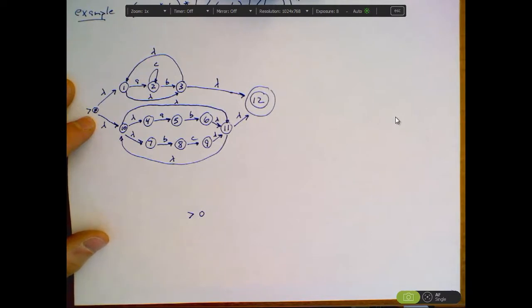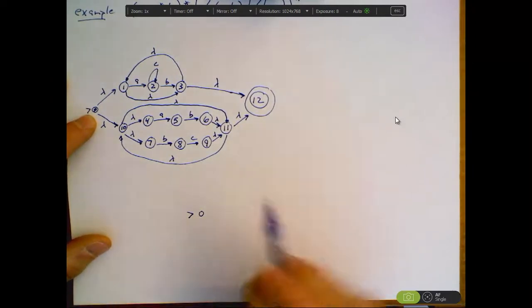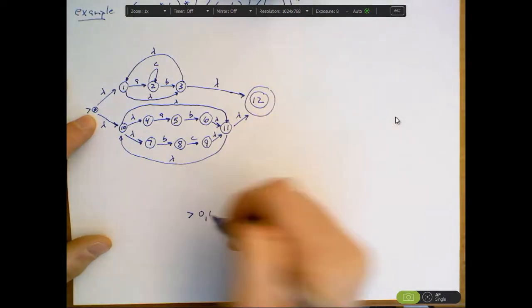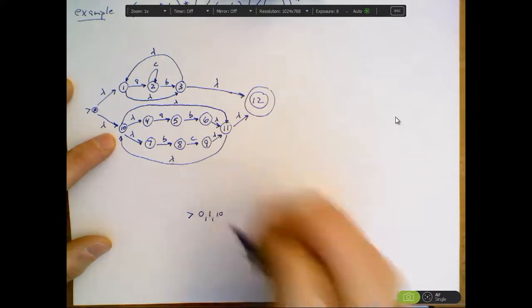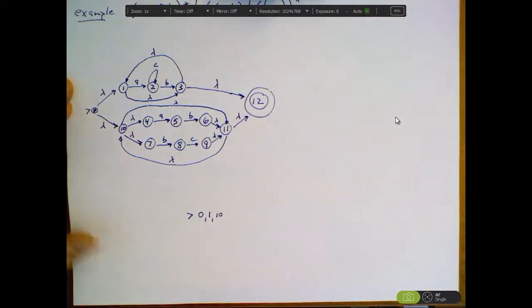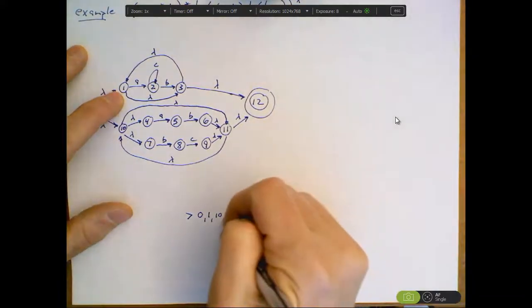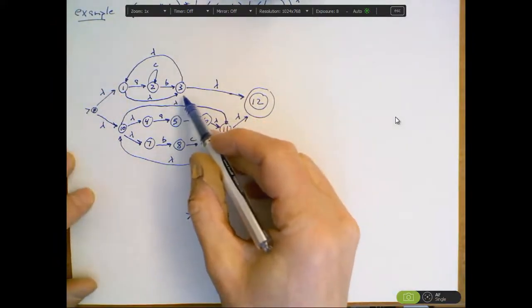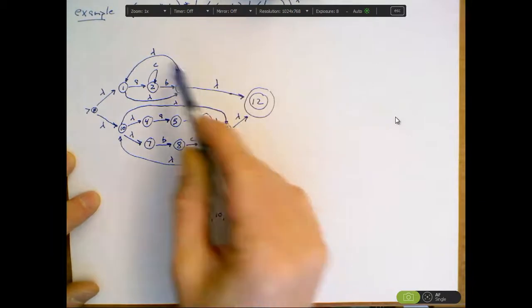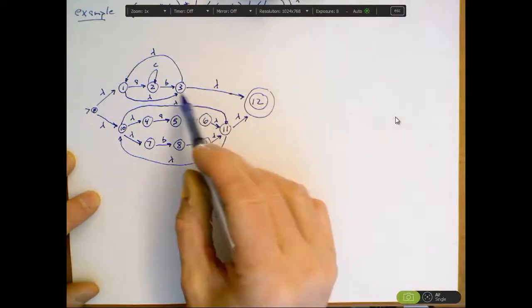And the question for lambda closure is, what other states can I reach from state 0 up here without consuming any input? So these are the lambda states that I can reach from 0. I can reach 1. I can reach 10. But state 1 can actually reach state 3, this arc. State 3 can come back to 1. We already have 1. 3 can go to 12.